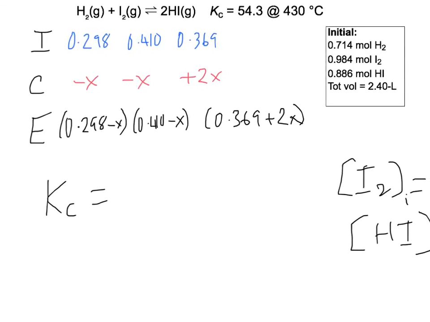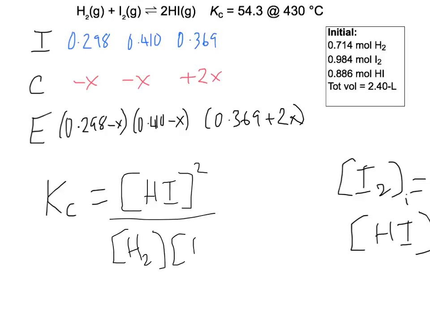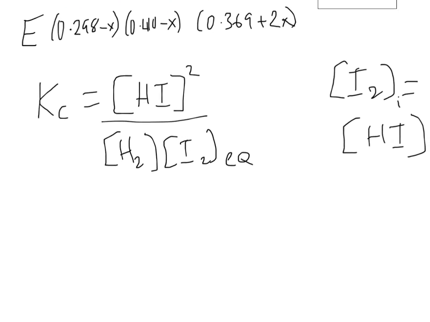We write down the ice chart, we fill out as much as we can, and then we write our expression for K, and we try and solve. So Kc is HI squared over H2 times I2, and all these are equilibrium values. We have all of these in terms of x's, and we know Kc is 54.3, so we can just plug everything in.